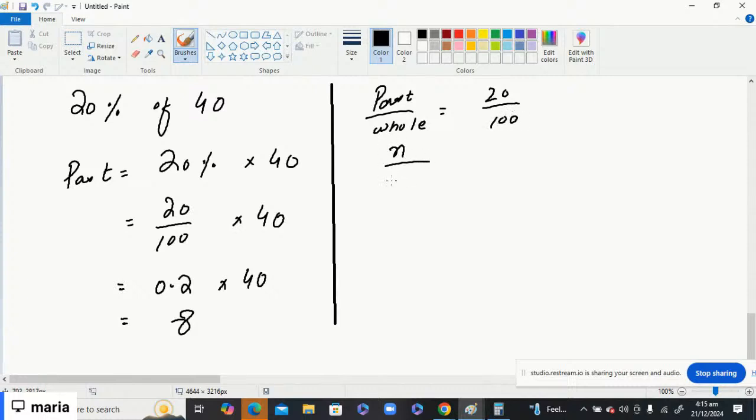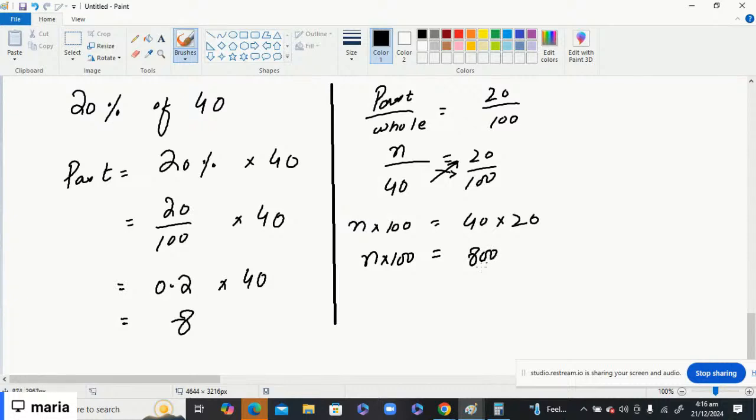Part is not given, whole is given, 40, 20 over 100. So n times 100, cross multiply here, 40 times 20. This is n times 100 is equals to 800. So n is equals to 800 over 100. So this should be cancelled out and the answer is 8.